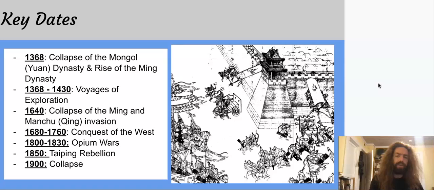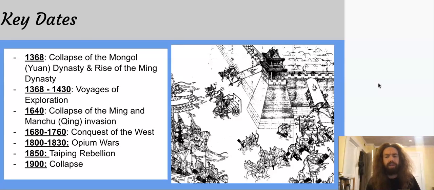After taking over and securing the core Chinese territories, the Manchu then began expanding west, conquering Mongolia, Central Asia, and Tibet, bringing their dynasty to the largest size of any of the Chinese dynasties thus far.